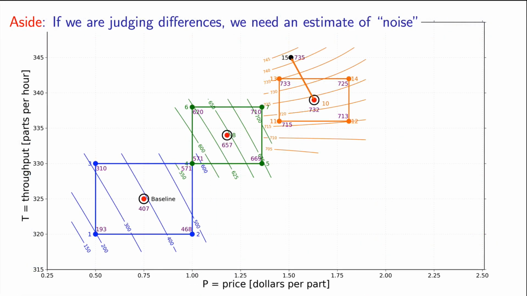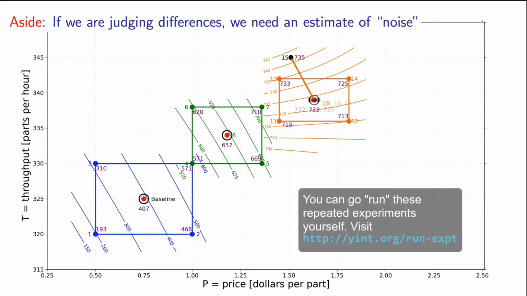Run at least 3 or 4 repeated experiments at the same condition, and we typically use the baseline. So here at the base of the factorial, I previously had an outcome of $732, and 2 more runs give me an outcome of $733 and $737. So there's a spread of about $5.